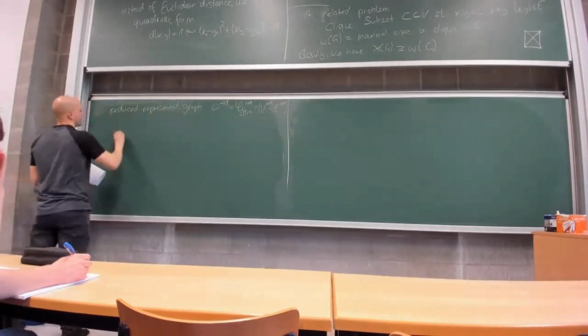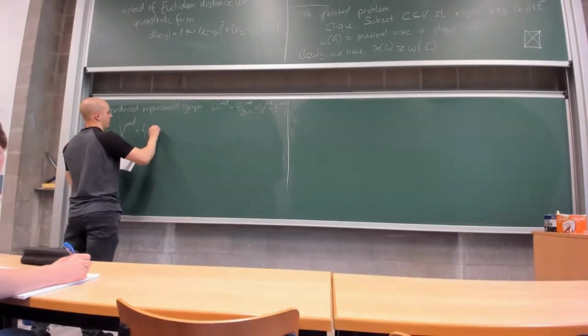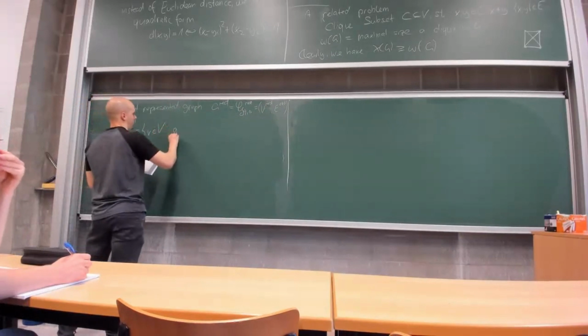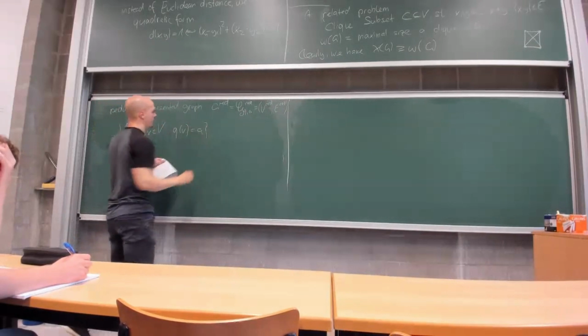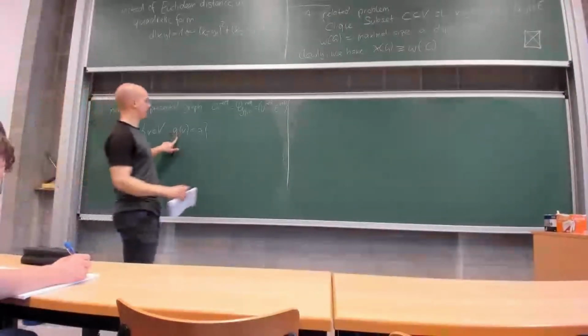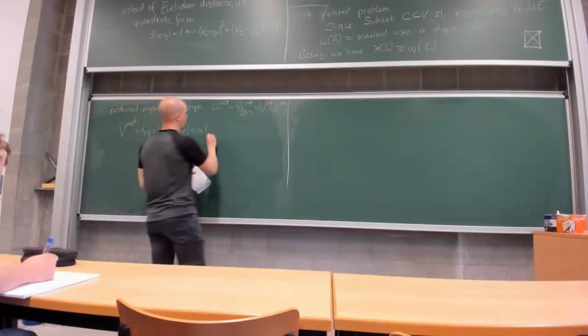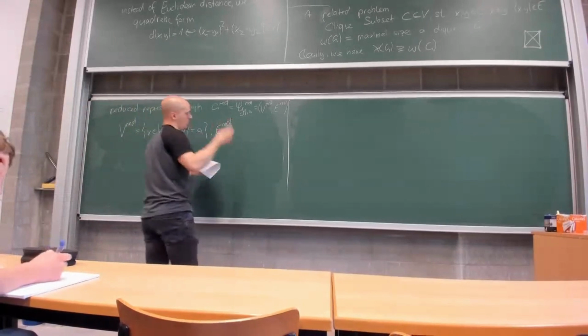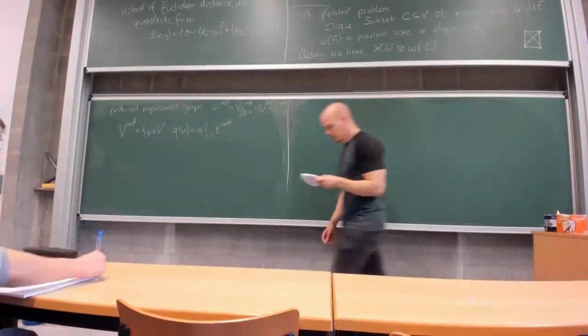Instead of considering all vertices, we just consider the ones that, when evaluated in the quadratic form, give A. And we take all edges between them that were there before.